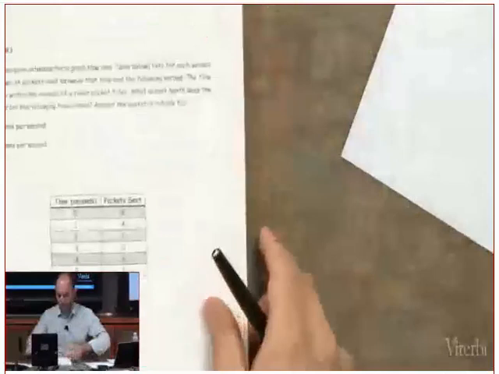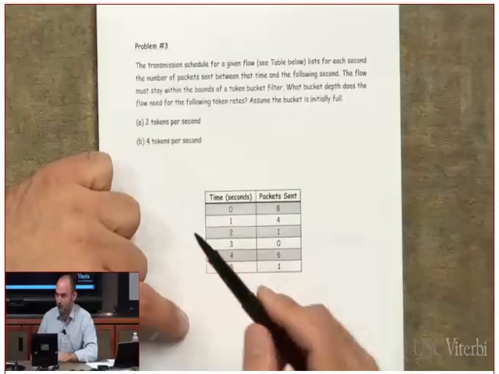For the second, we do the same thing for a different token size. I'm going to do it in the next bit over here. Token rate is 4. So we repeat the same table. New packets, tokens left and packets left.